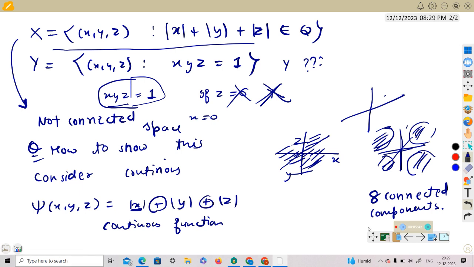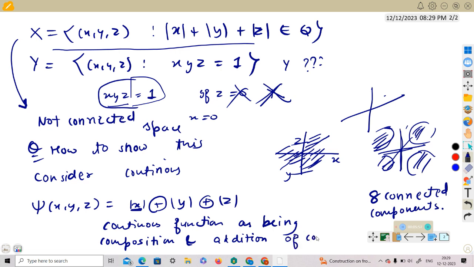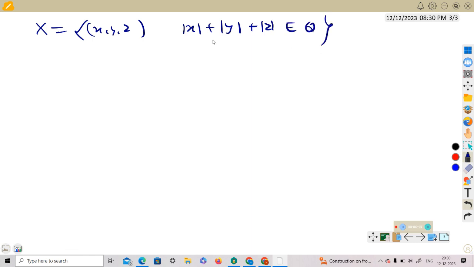Therefore, it is a continuous function. Let me rewrite again: X is the set of (x, y, z) such that |x| + |y| + |z| belongs to Q. So we have the function phi(x, y, z) equal to |x| + |y| + |z|, which is a continuous function.